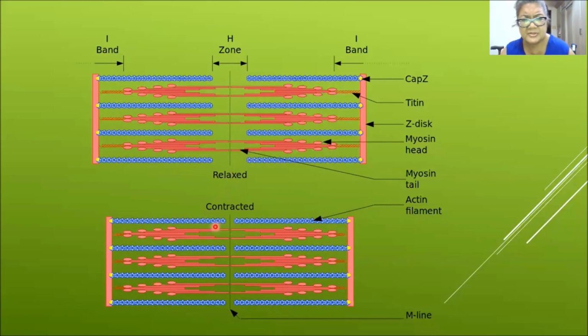And what happens to the myosin? It becomes farther. So during contraction, your actin will be drawn together nearer each other, but the myosin will be drawn farther away from each other.